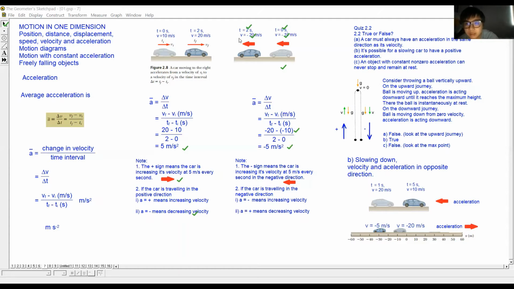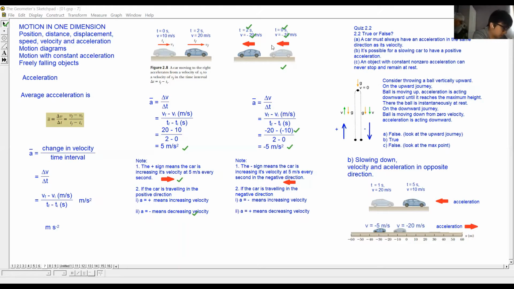If you look at the diagram here, initially it is only negative 10. Finally, it is negative 20. Now, actually the velocity is increasing or decreasing?